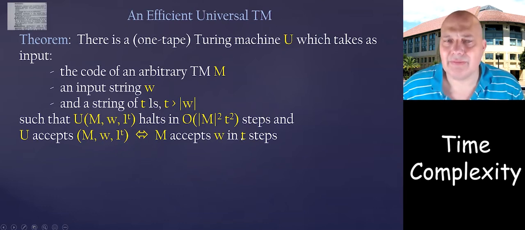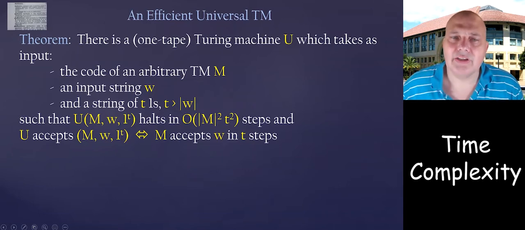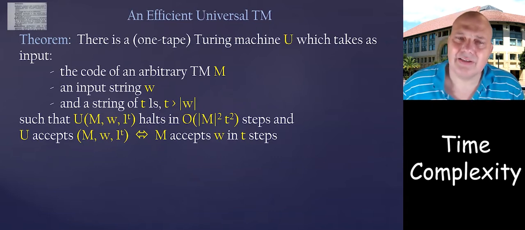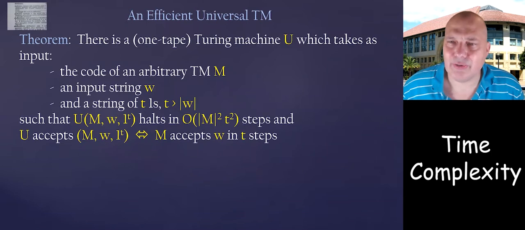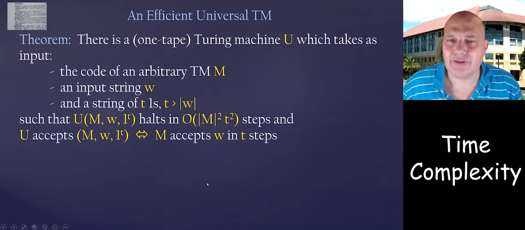How much time does U itself take to run? It takes order of the size of the description of M squared times T squared steps. So M would take T steps to run. If we ignore for now this other factor of the size of M squared, then we're going to run in time quadratic in this, so in time T squared.